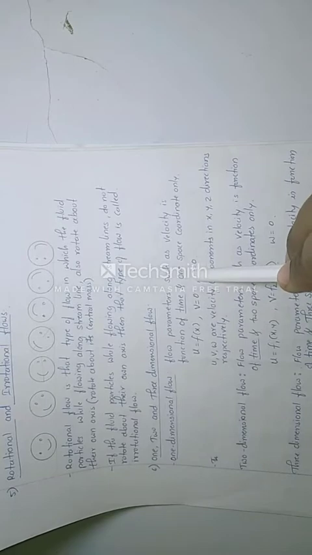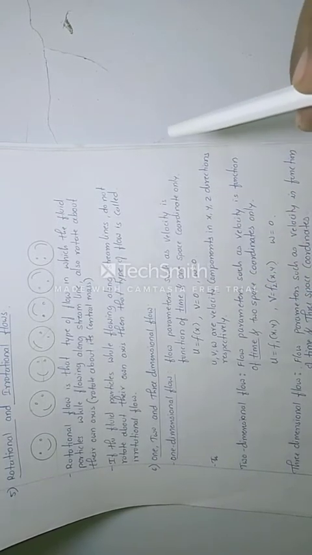The next term is one, two and three dimensional flow. As the name says, one dimensional means the flow parameters, such as velocity, are a function of time and one space coordinate only. Velocity along the x-axis I denote by u, along the y-axis by v, and along the z-axis the component of velocity by w.